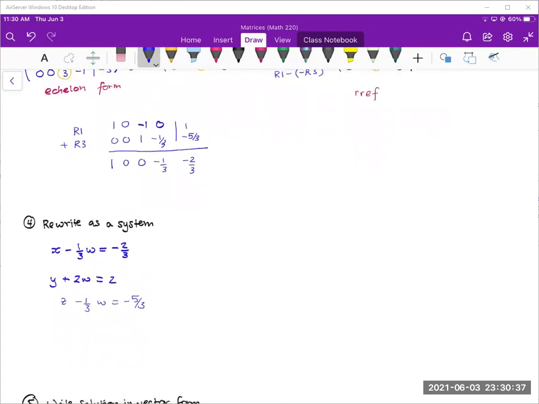And it's very convenient for us to solve for those leading term variables. So we can write this as x equals 1/3 w minus 2/3, y equals negative 2w plus 2, and z equals 1/3 w minus 5/3.